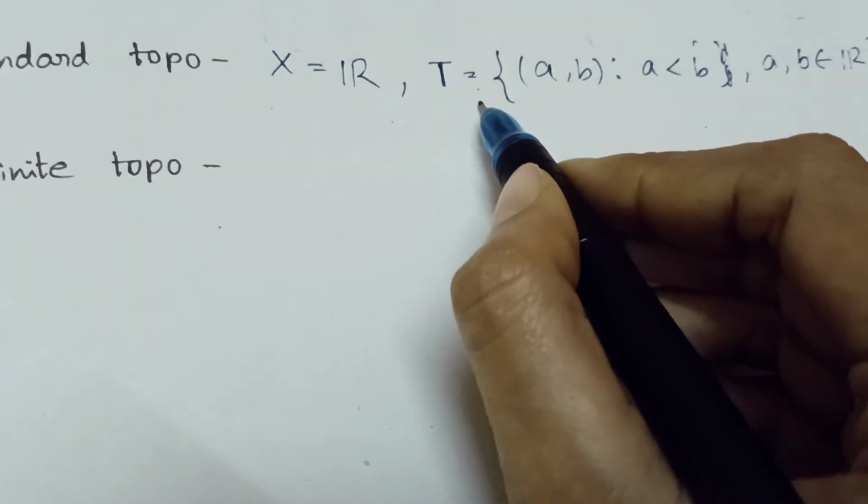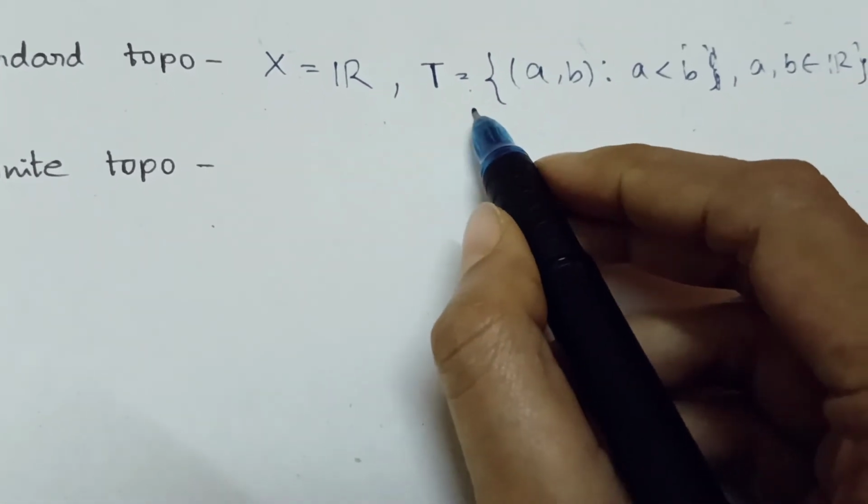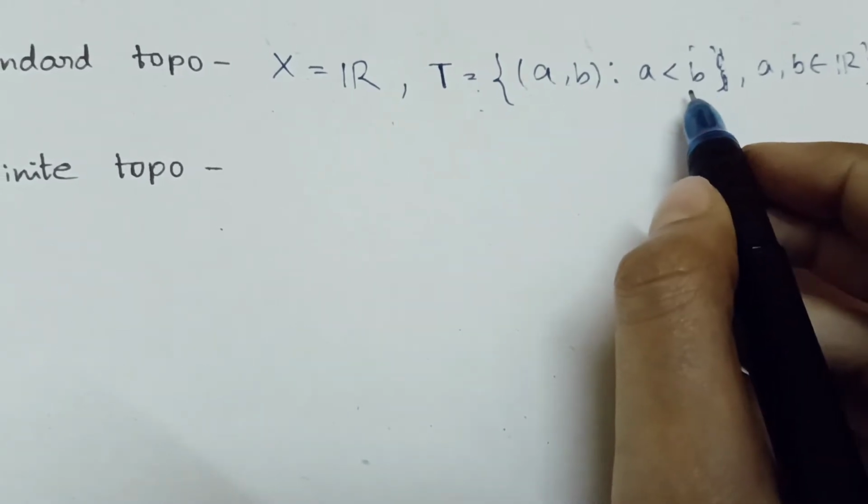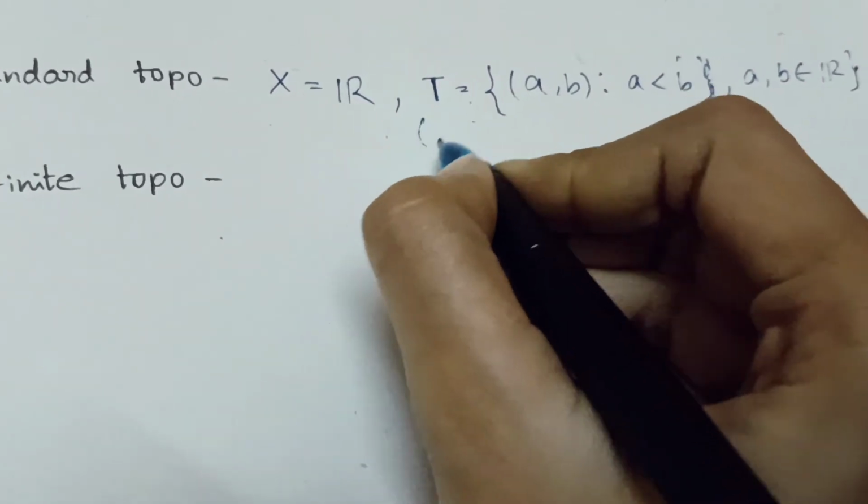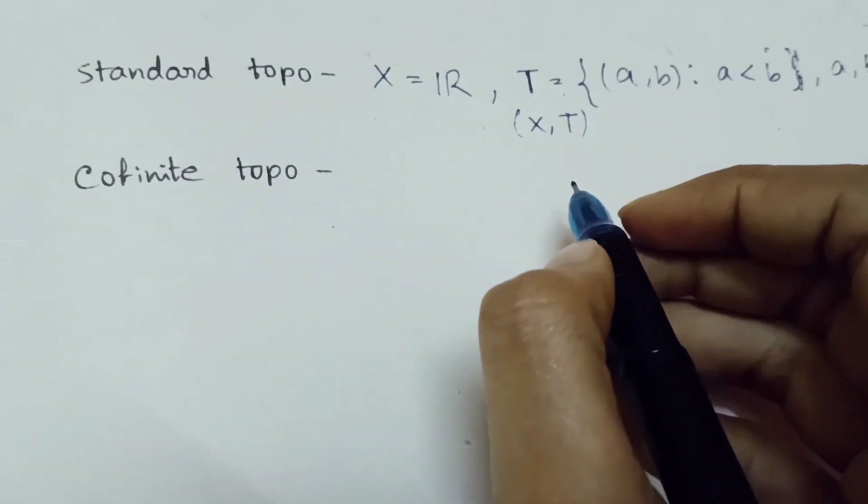So when T contains this type of subsets, the ordered pair (X, T) is called the standard topology.